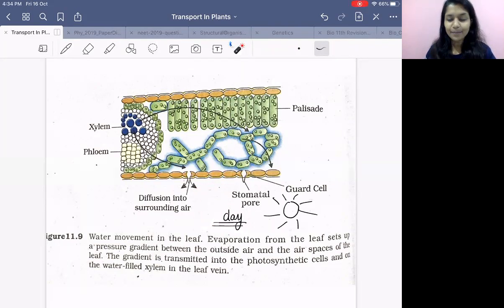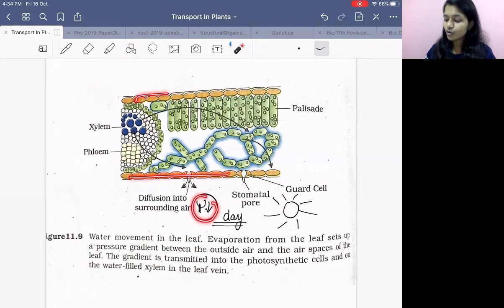If more temperature is there, the environment's water potential will be less. If temperature is more, water is less. High temperature means water will not be there, evaporation will happen, right? So if temperature is more in the environment, water potential will be less.